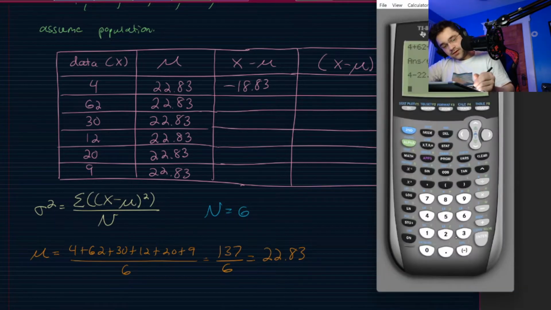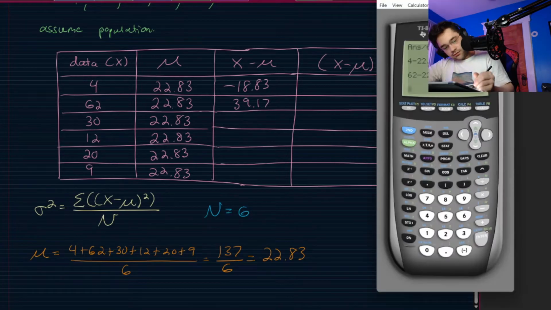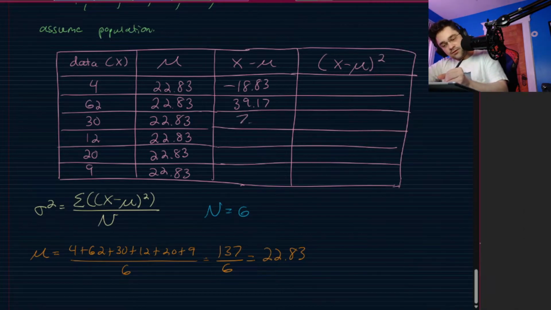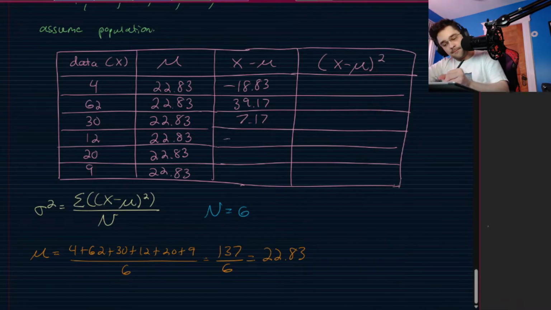Let's see. So we've got 62 minus 22.83, which is 39.17. So we just keep doing this over and over again. 7.17. As you can imagine, Excel is very good when there are a massive amount of calculations. You don't want to keep doing it by hand, right?